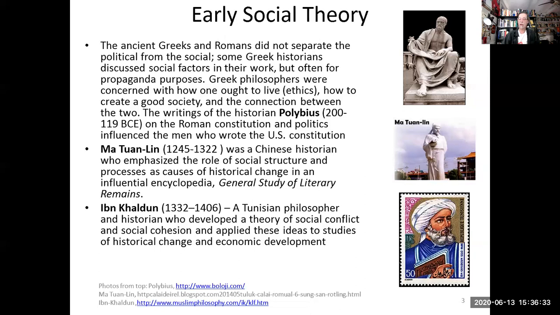He wrote about the dynamic relationship between the settled people in the towns and the Bedouins, the nomadic cultures that were found in North Africa, the Middle East, the Arabian Peninsula.